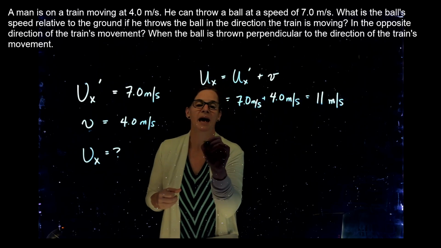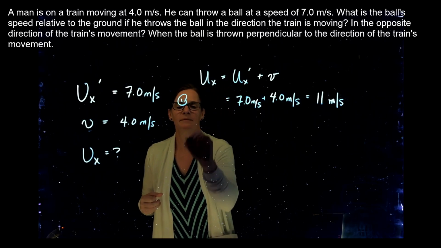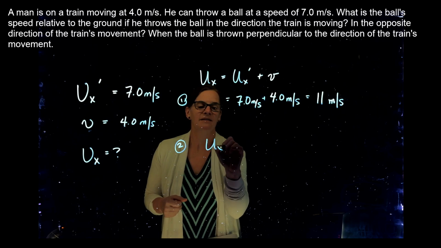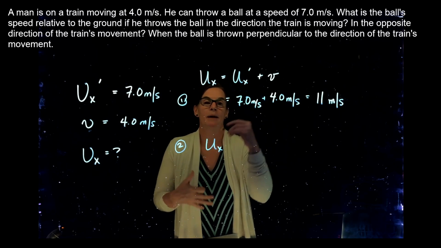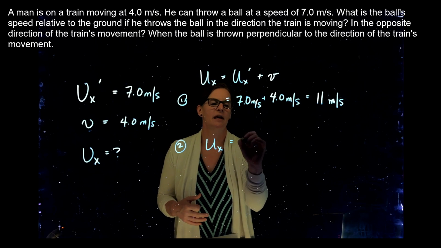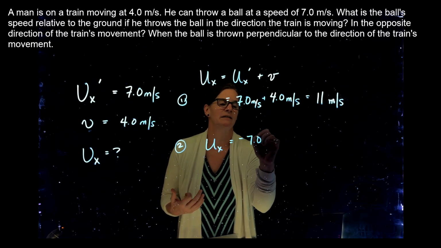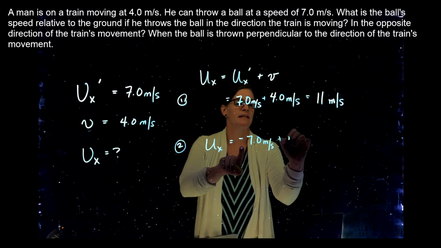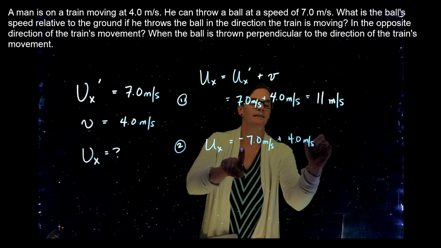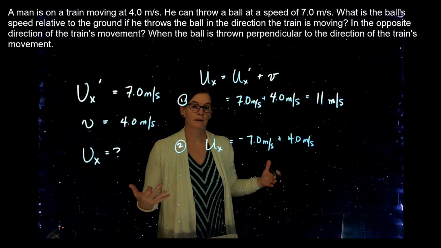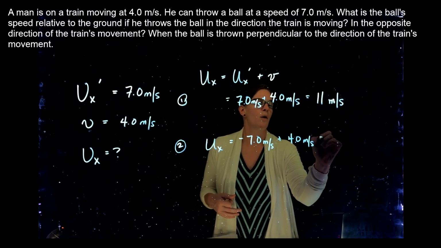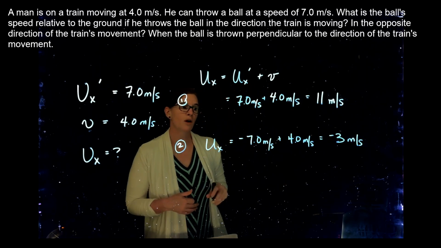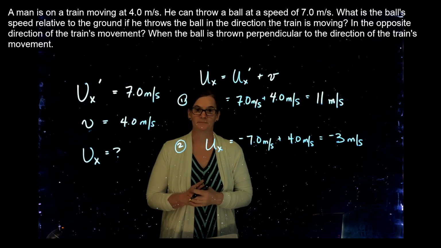So my transformed velocity, my relative velocity, is now going to be minus 7 meters per second because it is opposite the motion of the reference frame, so the motion of the train. And so I observe the motion of the ball at minus 3 meters per second. Okay?